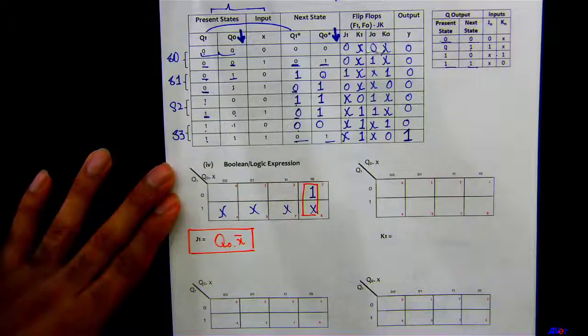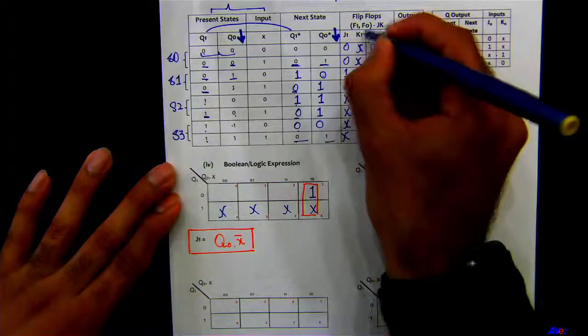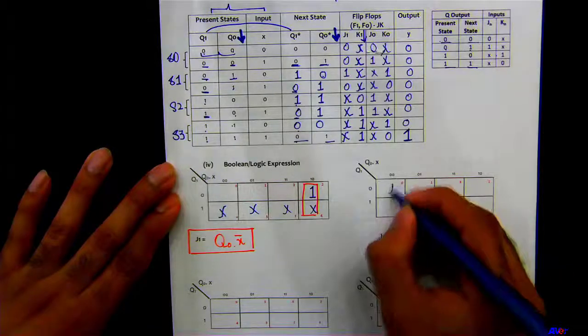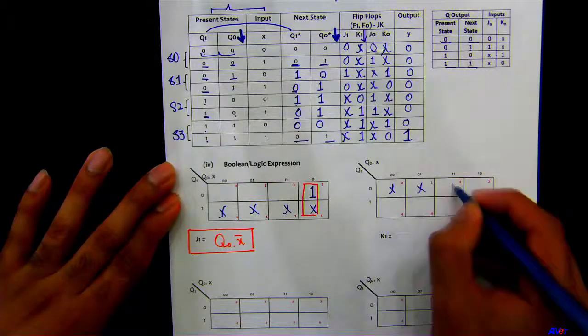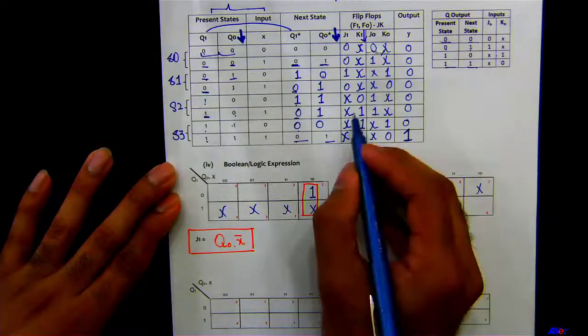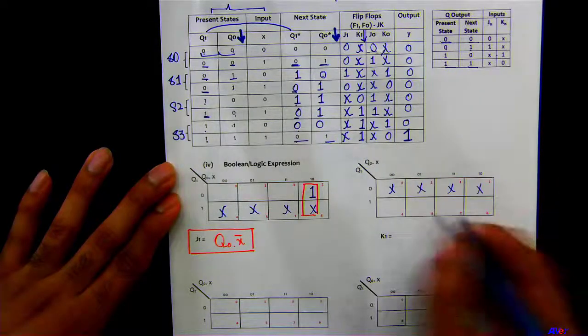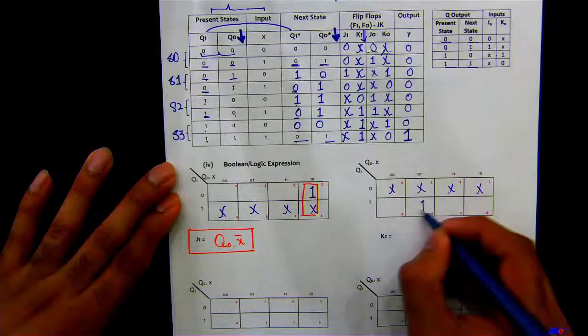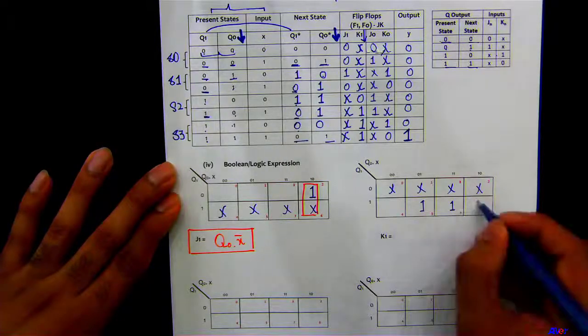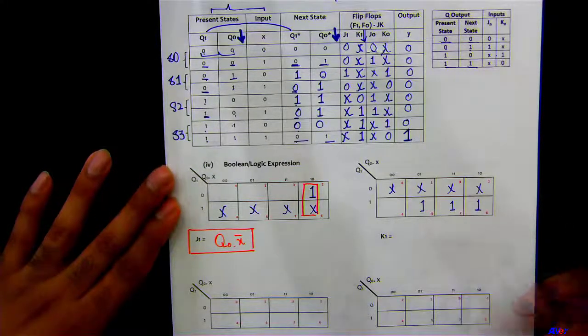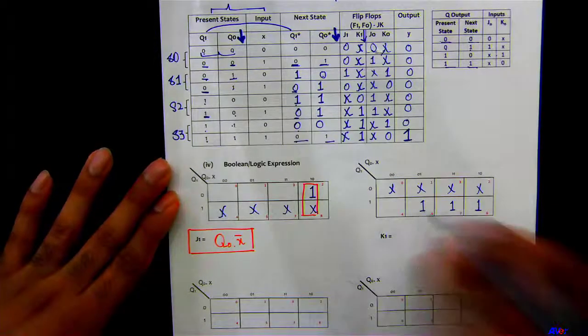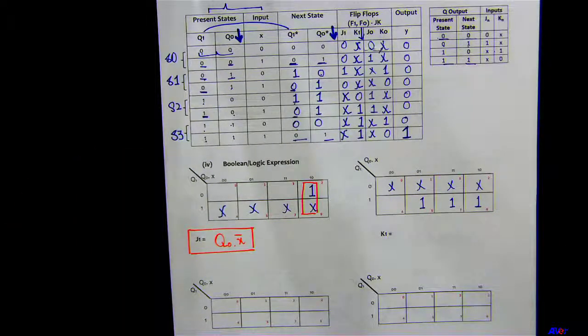Let's do K1. Looking at this column, the first 4 are don't care, and then 5, 6, 7 are 1. How would you do this one, guys? It's a little tricky. Again, our goal is to go for a maximum size. Yes, reduce 4.